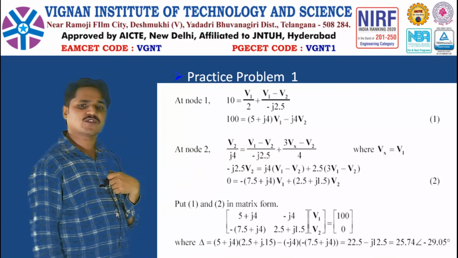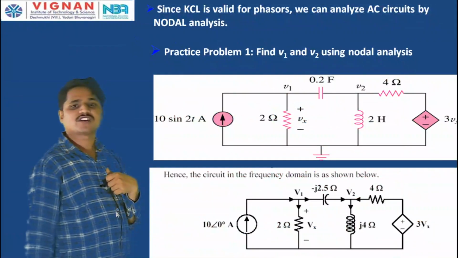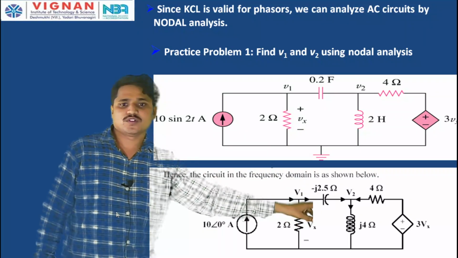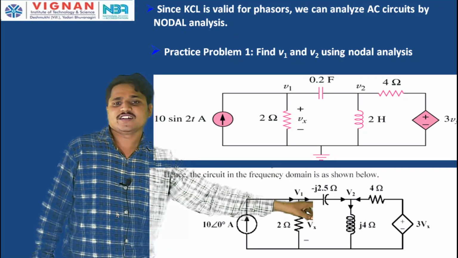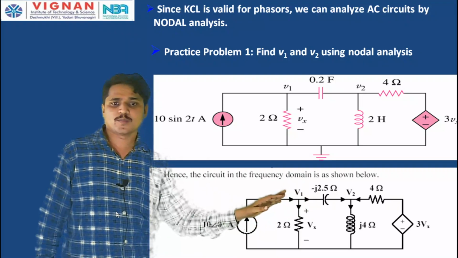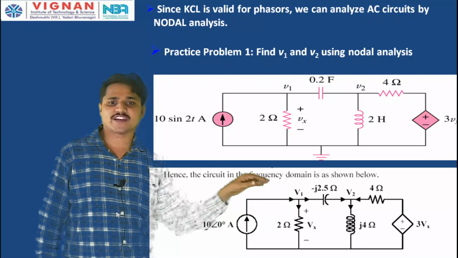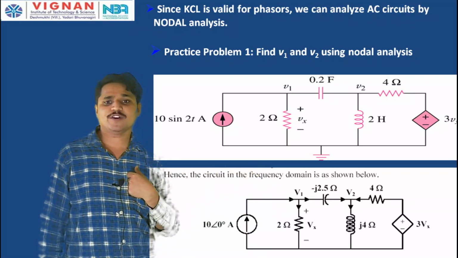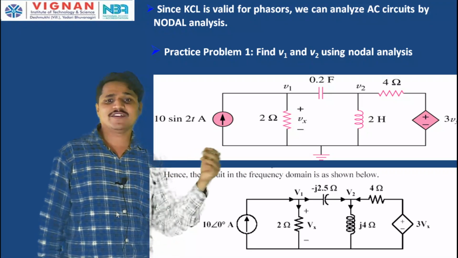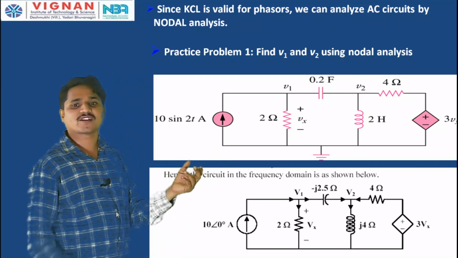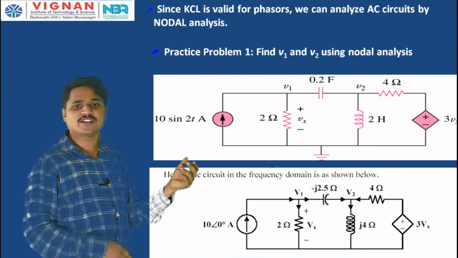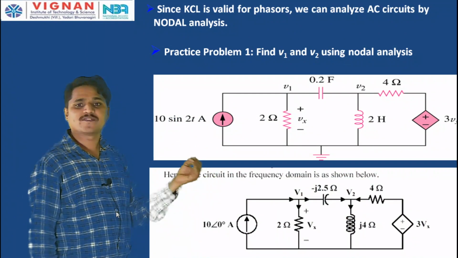Once you get equation 1, apply the Kirchhoff current law at node 2, junction 2, that is V2. The entering current is V1 minus V2 by minus J2.5, equal to the leaving currents. The leaving current is the current flowing through the inductor, that is V2 by J4.